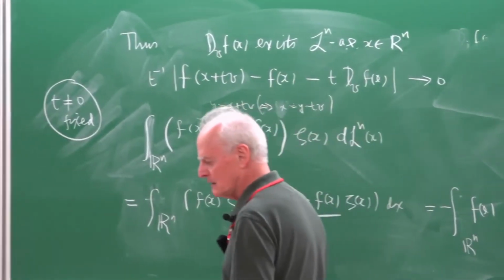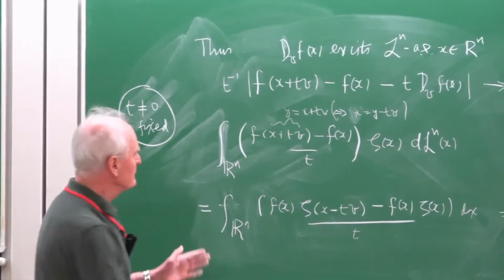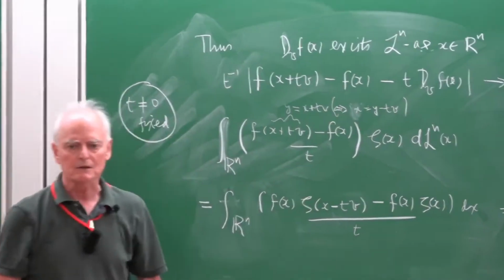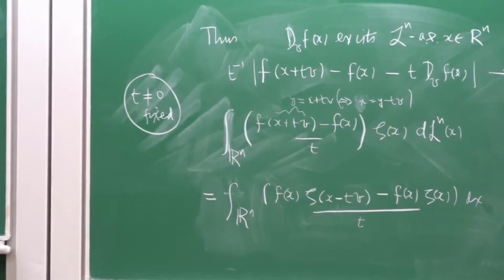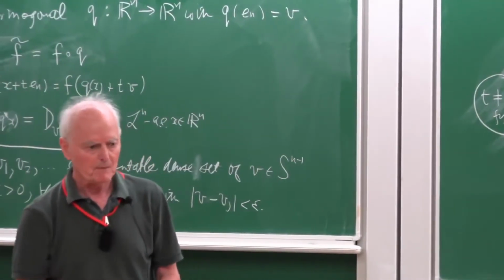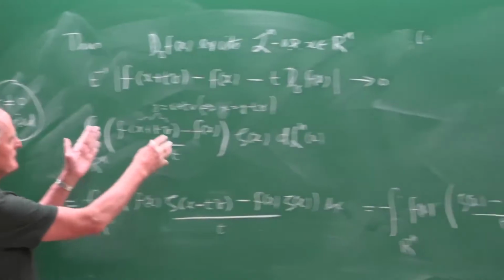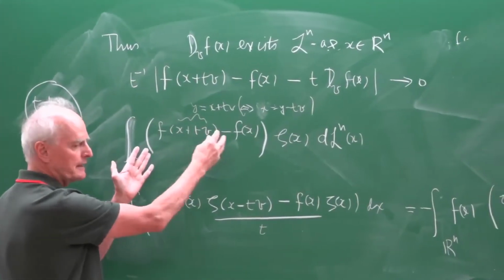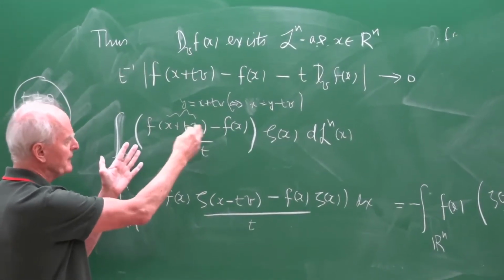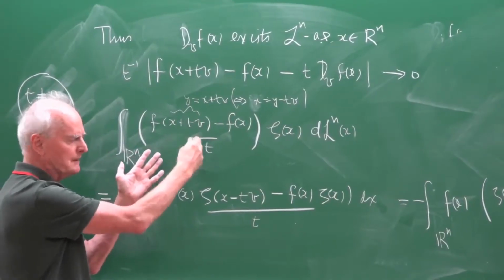Okay, now I'm just going to let t tend to 0 here. Now remember, all these difference quotients are bounded because f is Lipschitz. So therefore you can use the dominated convergence theorem. And as t tends to 0, we know that pointwise this tends to the directional derivative in the direction of v.